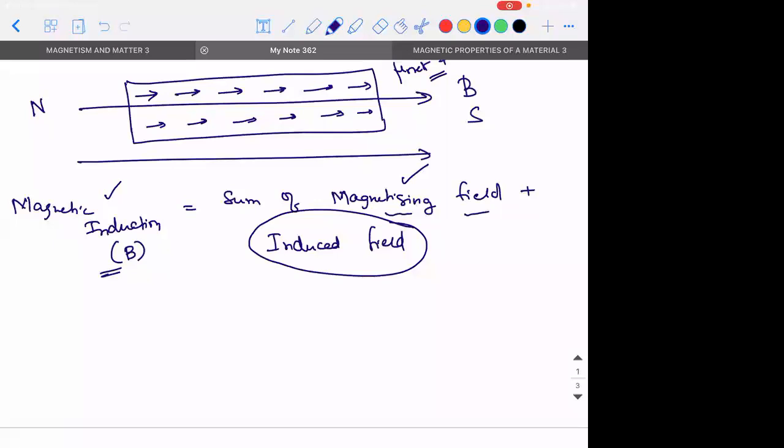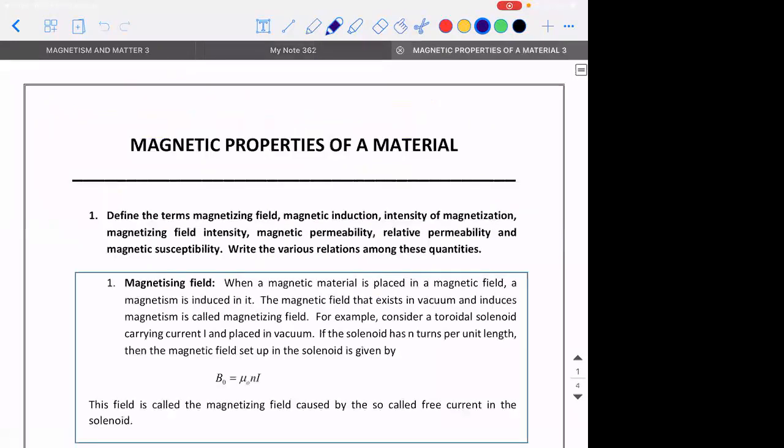Sir, any field that magnetizes or aligns the dipoles. Very good. We need some external magnetic field to make these dipoles get aligned in the direction. That external magnetic field, which is giving the magnetic property to a substance, is what is called the magnetizing field.